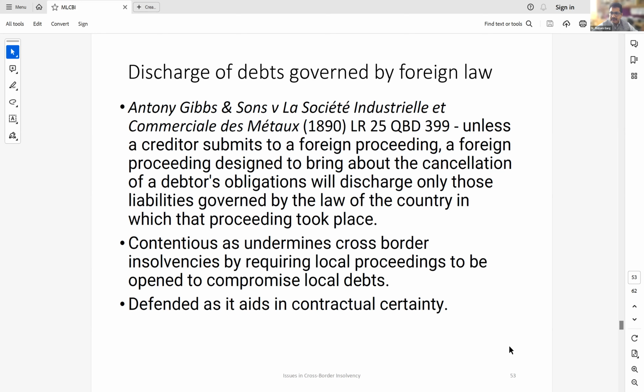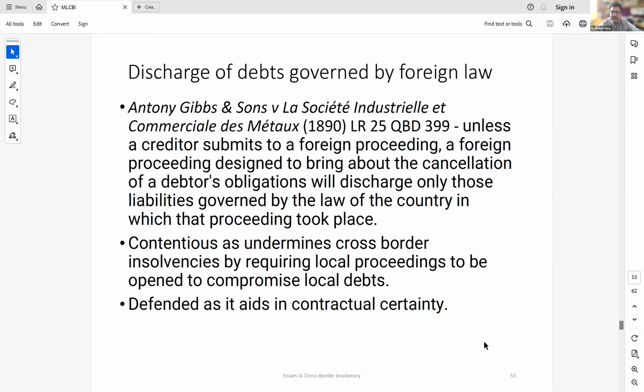It basically says that if there is a creditor in England, and there is a resolution plan maybe in Singapore or in India, and the British creditor did not participate, that resolution plan will not be binding upon that British creditor. It will be binding only in the particular country in which that resolution plan was finalized.